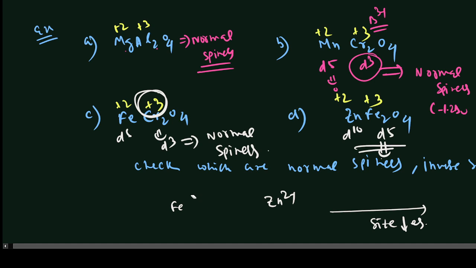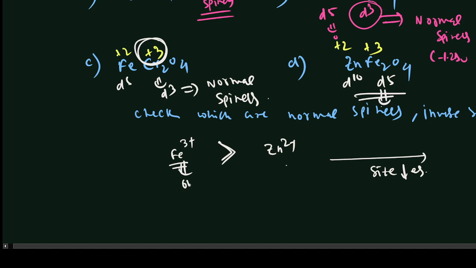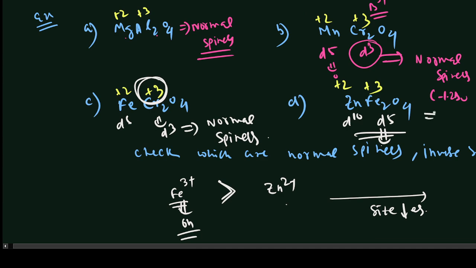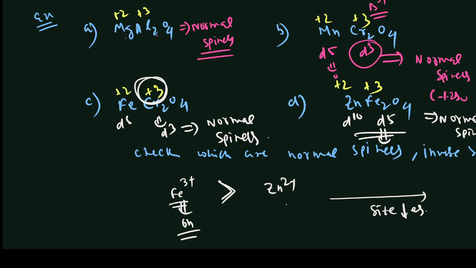For Fe2+ or Fe3+, the size decreases a lot. This size is high compared to this. Although this is 3+, the size is still greater. If this size is greater, then the greater size will go to the octahedral sites. Octahedral sites mean a normal spinel. That's how we can check for inverse or normal spinels.